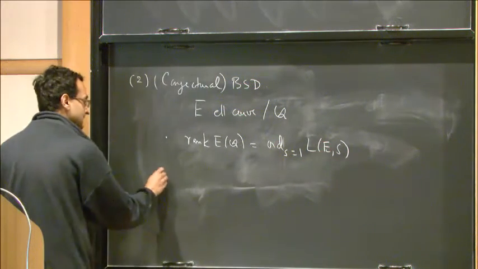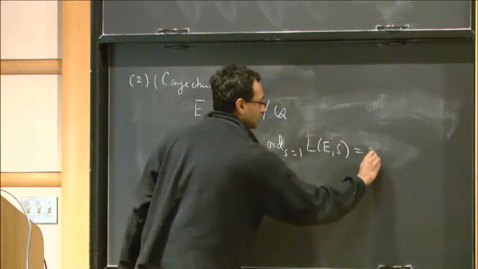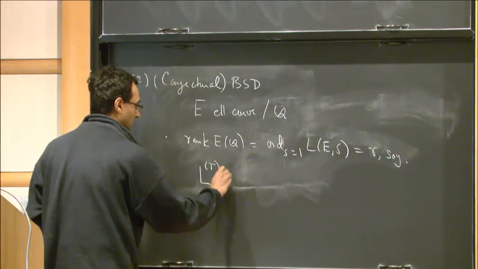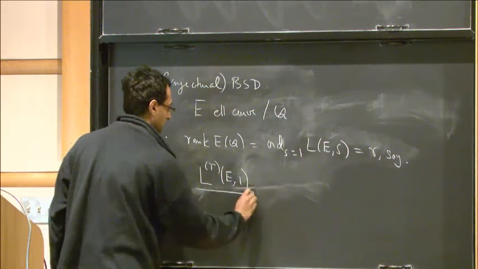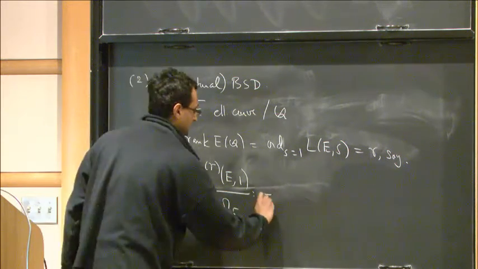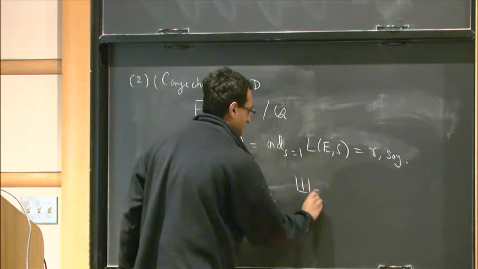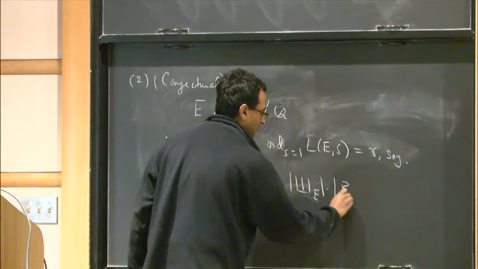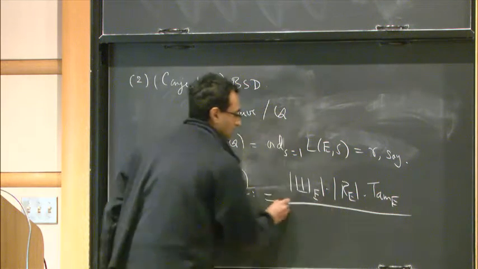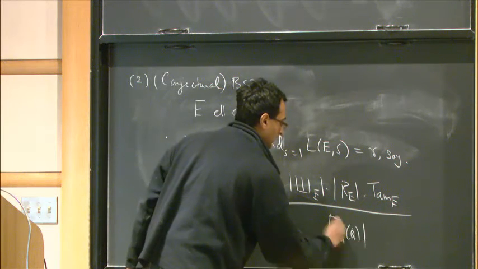But secondly, it also says that if you look at the leading term, so let's call this r, then there's some formula for the leading term that has this form. You divide by some period, and then here you get various invariants attached to E, the Tate-Shafarevich group, the regulator, there's a Tamagawa factor, and then you have the E-torsion squared.